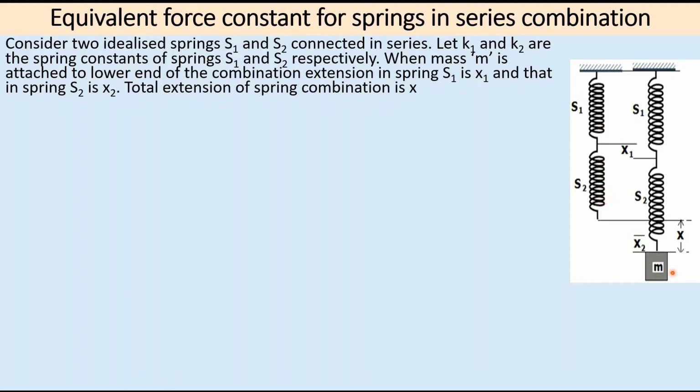When mass M is attached to the lower end of the combination, the extension produced in spring S1 is X1 and the extension produced in spring S2 is X2, and the total extension produced in the combination is equal to X. So therefore, X is equal to X1 plus X2.